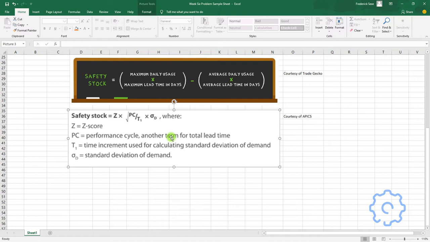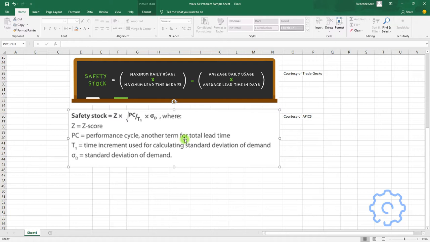And then you multiply it by the standard deviation of demand. Actually, I'm sorry, the standard deviation is not a sigma. So if your standard deviation is, say, 7 units, then you would multiply all of that by 7.